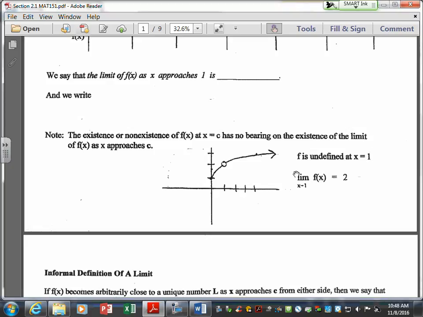But what's the limit of the function as x is approaching 1? As I'm going towards 1, what's the value? 3. As x approaches 1 from the other direction? 3. So we would say the limit exists, but the function's not defined at that point. Make sense?